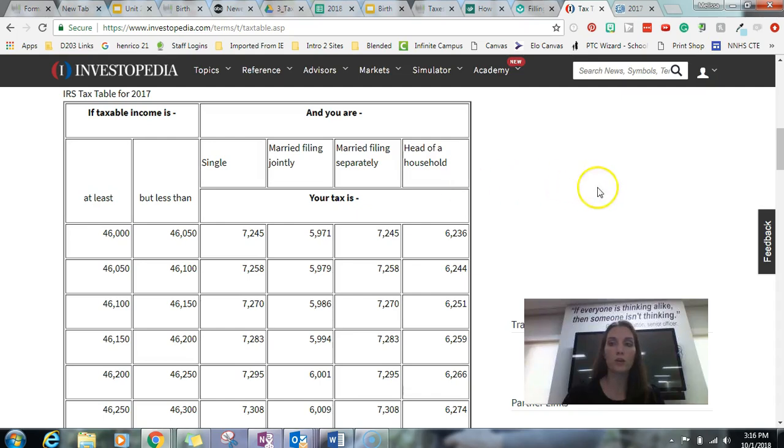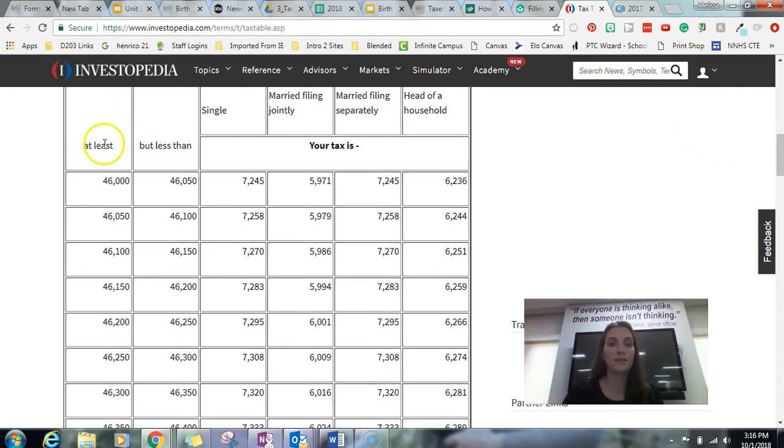So let's look more closely at the important words, "at least" and "but less than." If I said that my taxable income was $46,159, I would see where that falls. $46,159 falls in between these two numbers. So that's really easy to find out.